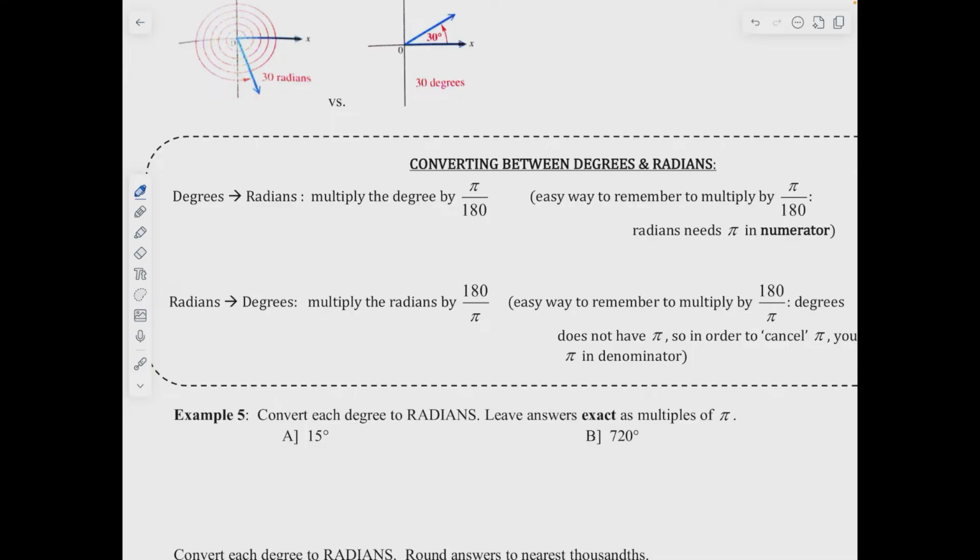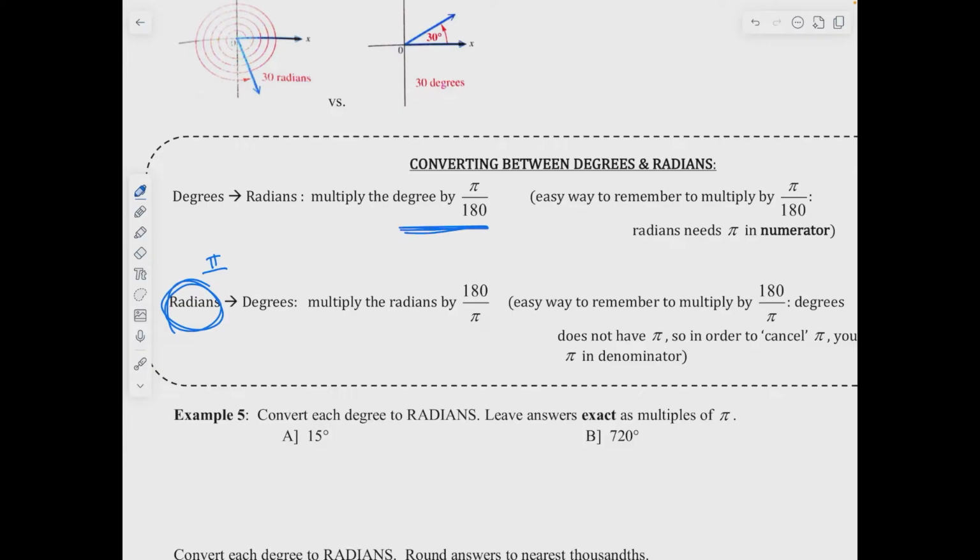So if I want to go from a degree to a radian, I take the degree and I multiply by pi over 180. Okay, the way that you can think about that is this. Usually, in normal cases, radians have pi in the numerator. So therefore, if I want to go from degrees to radians, I got to find a way to put pi in the numerator.